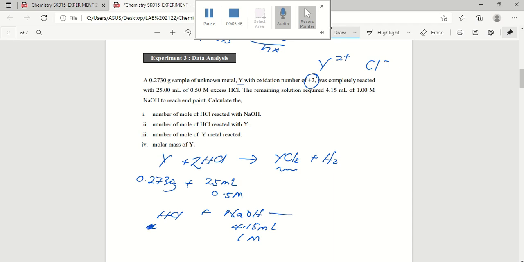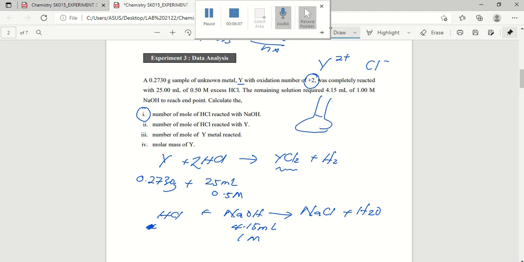So this is the second equation. We have a neutralization process. We produce NaCl salt and water. Okay, first question, calculate the number of mole of HCl that react with sodium hydroxide.